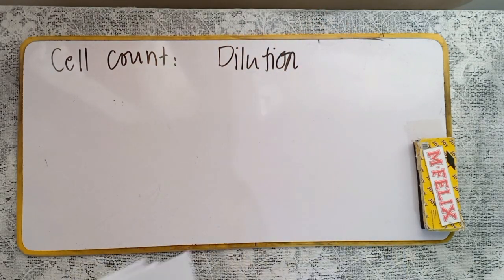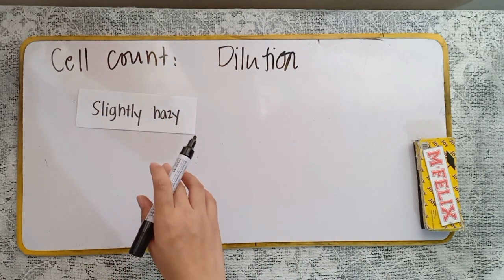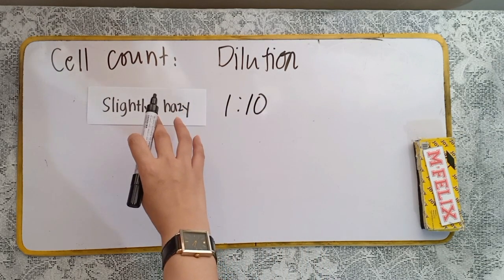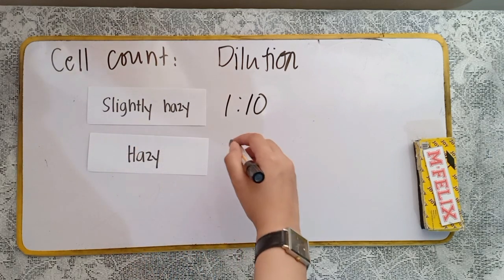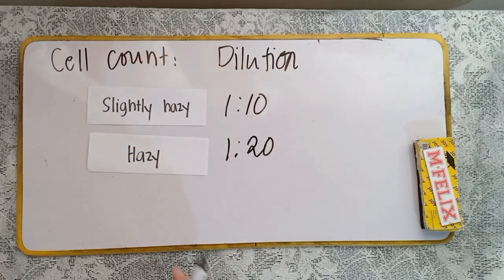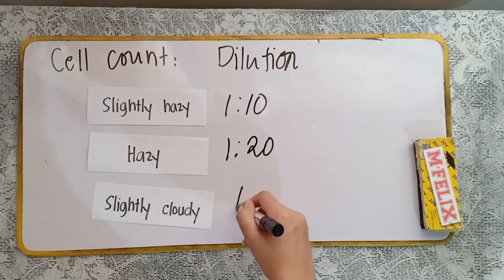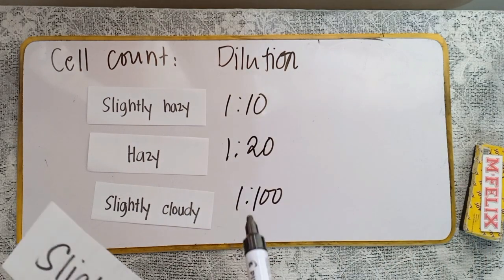Now, if your sample is slightly hazy, a 1:10 dilution is required. And kapag medyo hazy yan, class, 1:20 dilution. How about if slightly cloudy? Slightly cloudy needs a 1:100 dilution.